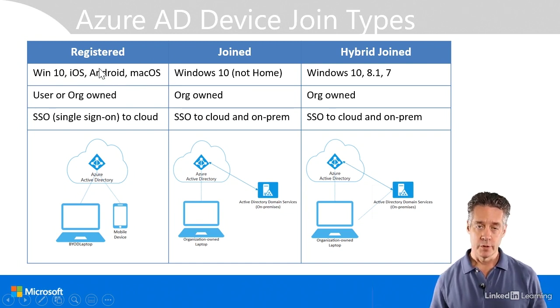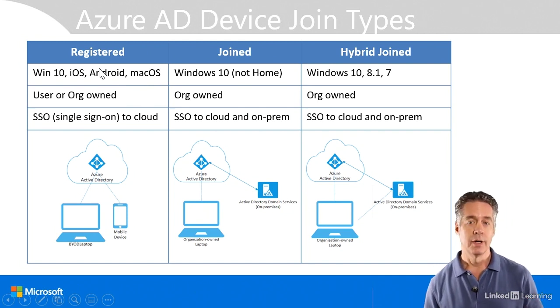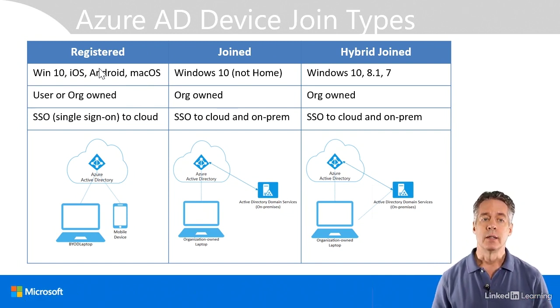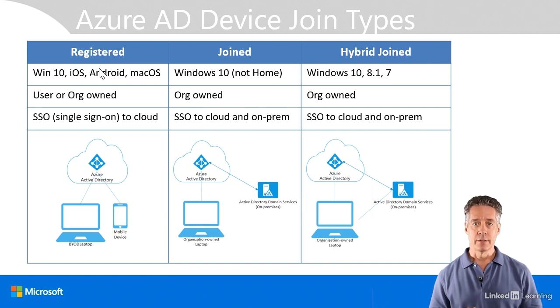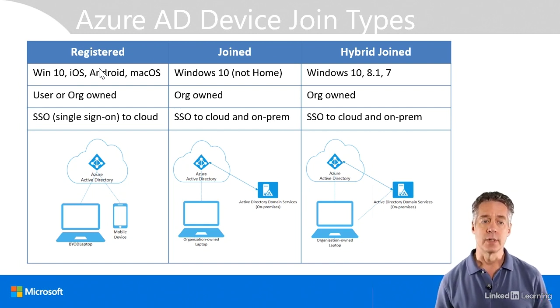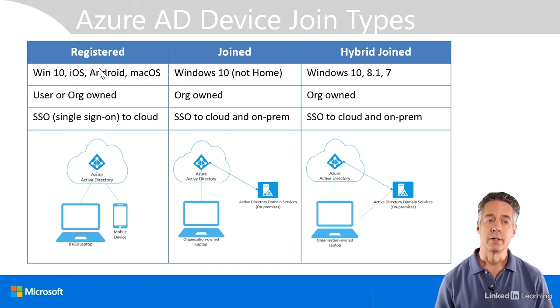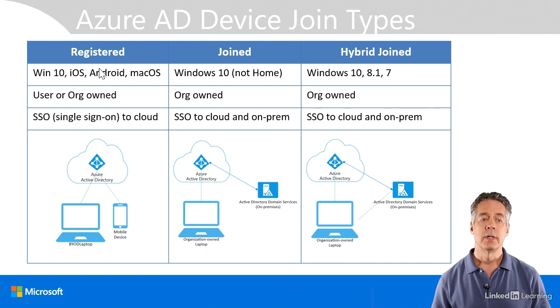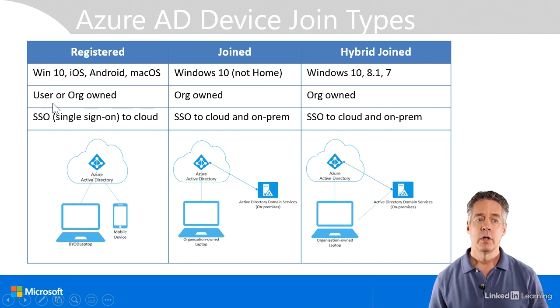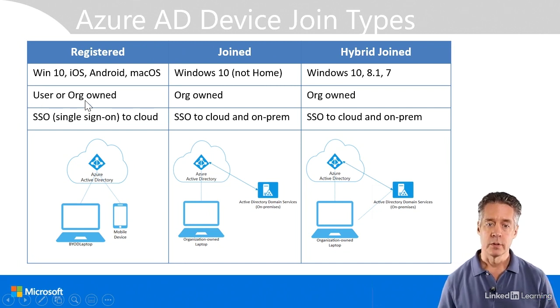Registered is sort of the first level of join type, and potentially any device that logs into Azure AD will show up as registered in Azure AD. The device itself can be owned by the user. It could be owned by your organization.